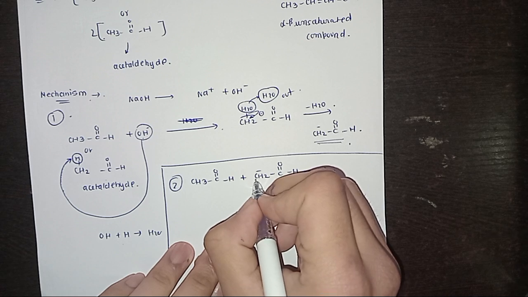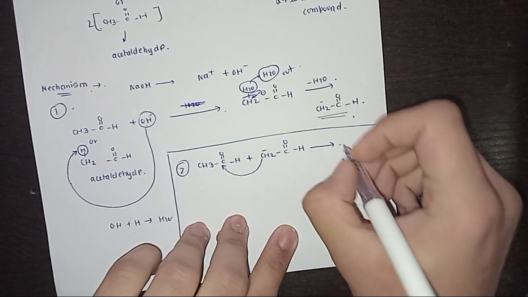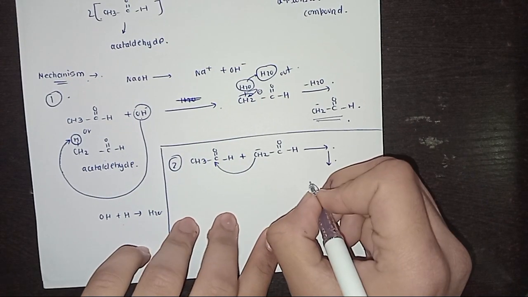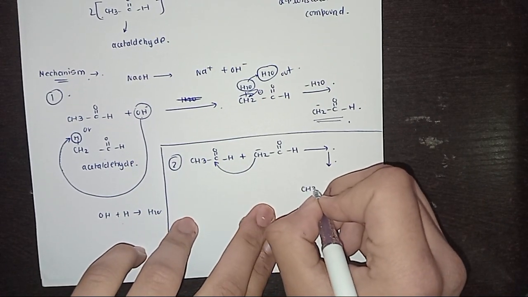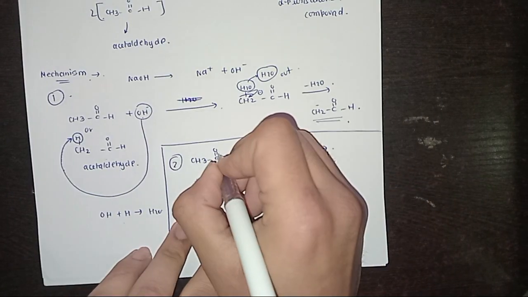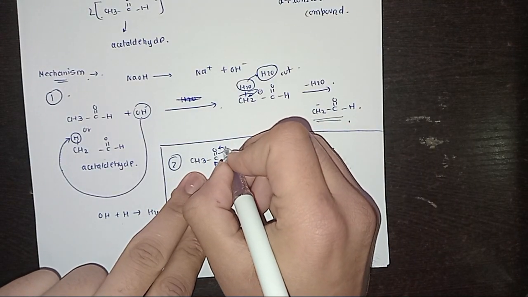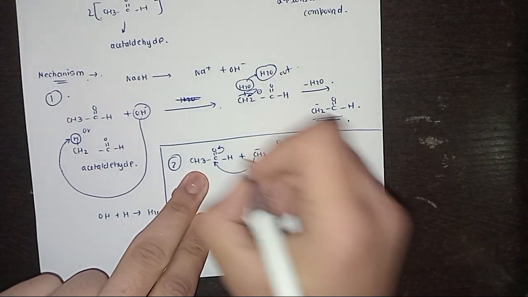This carbon will react on or join to this carbon. And now we can watch carefully. What will happen is this CH3CO negative, and this double bond will shift on this oxygen and form the negative charge.